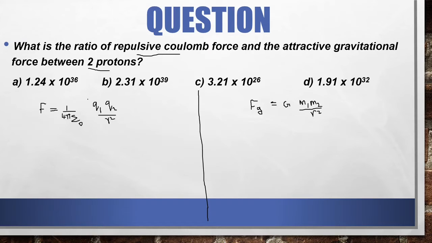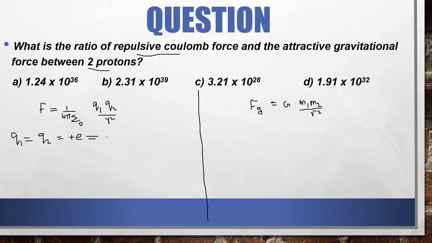Now first let's find the Coulomb's force. F, you know the value of 1 by 4 pi epsilon 0. It is 9 into 10 raised to 9. And Q1, Q2. What is the value of charge of the two protons? Q1 is equal to Q2. What is the charge of the proton? Plus e, right?